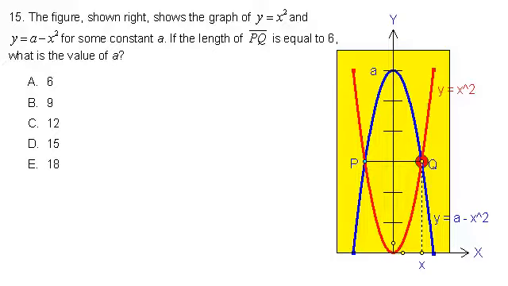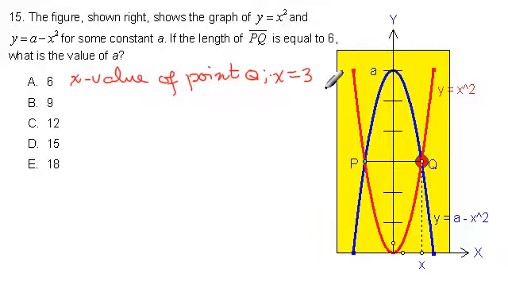We found here that the x value of point Q is x equal to 3, because PQ is given as 6, so the midpoint distance is going to be 3.